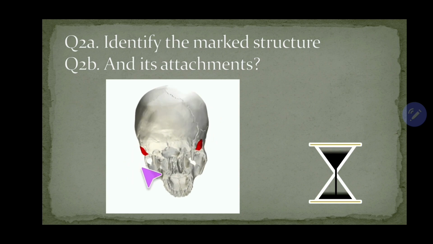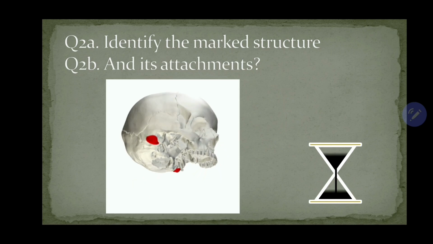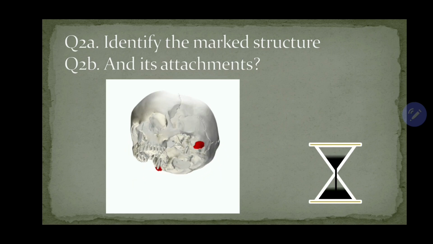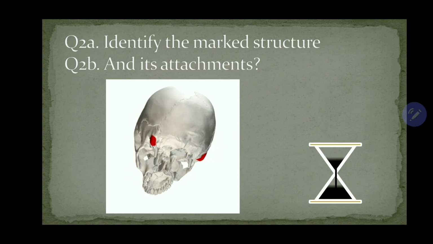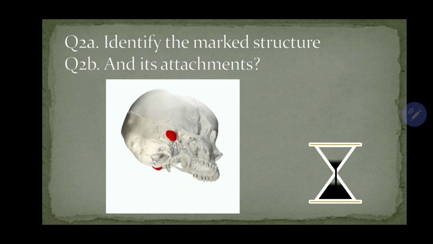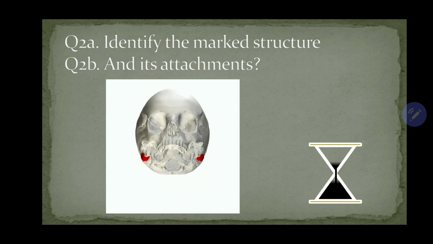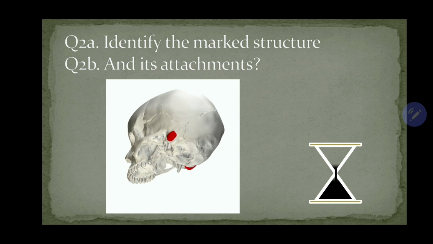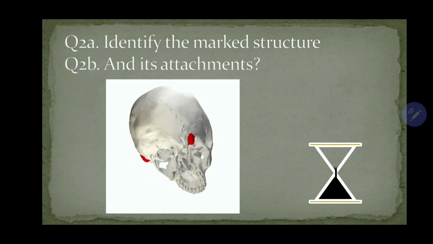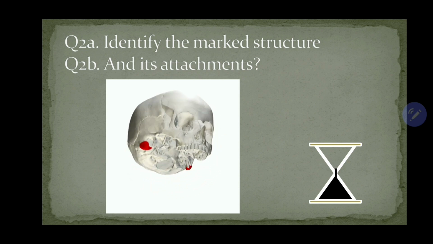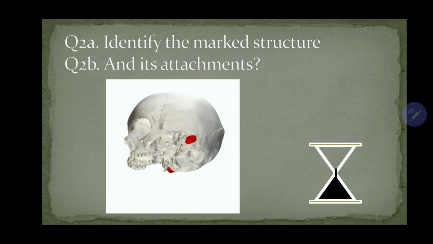It has an outer surface and a medial surface. On the upper surface, the occipitalis bellies are attached, and on the outer lower portion there are attachments of sternocleidomastoid, splenius capitis, and longissimus capitis. They are all inserted there. You should know this.